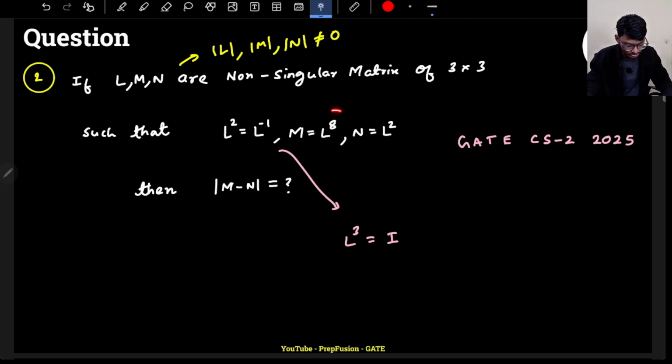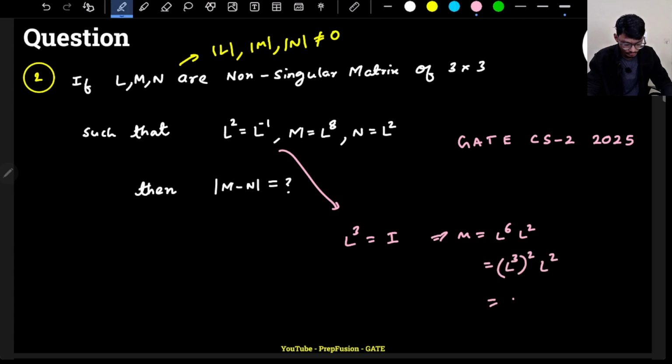I can write L raised to power 8 as L raised to power 6 into L square, and L raised to power 6 can be written as L cube whole square into L square. This is I, so this is simply L square.